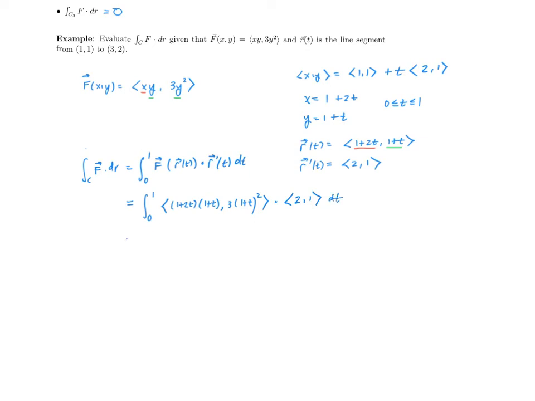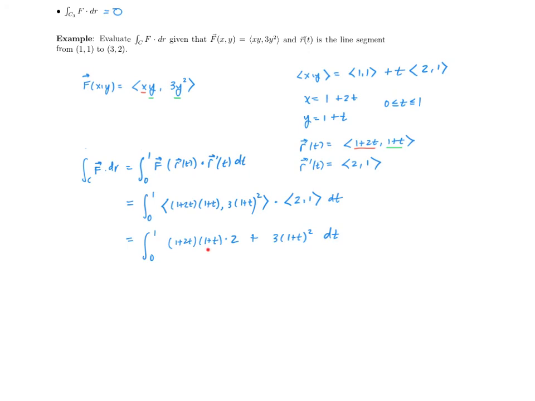So we multiply together the corresponding components and we sum up. So the first component, we would have (1 plus 2t)(1 plus t), multiplied by 2, plus 3 times (1 plus t) quantity squared. And this turns out to be a fairly reasonable integral for us to evaluate.